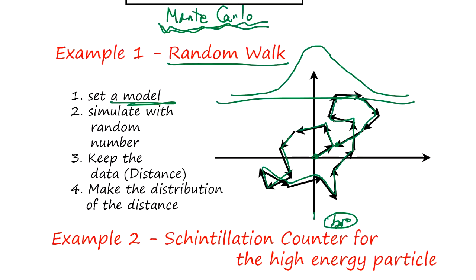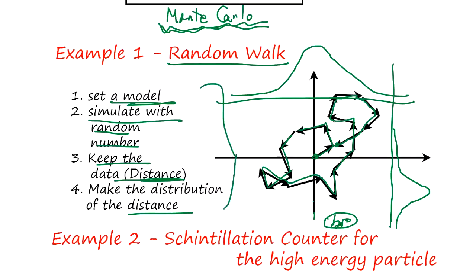Then he tends to go toward the bar, but he's drunken, so still goes randomly. Then the skew will be like that. Okay, so simulation with random number and keep the data, the distance in this case, and make a distribution of the distance, and you can analyze the effect of having a bar here, right? So this is just an example. You can have all kinds of models you can create.